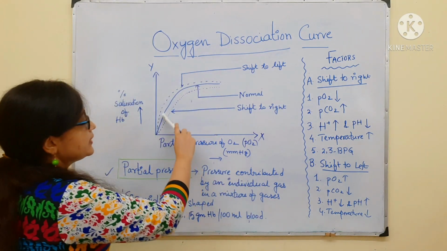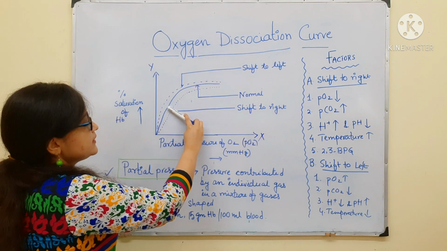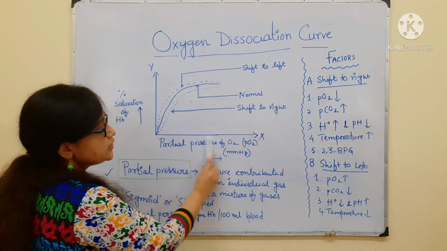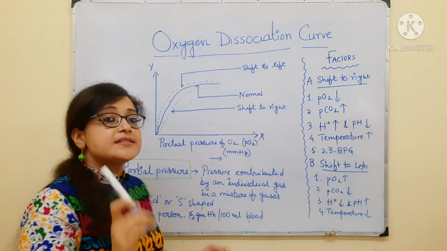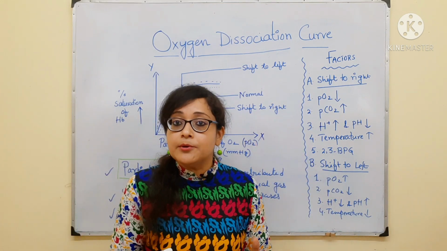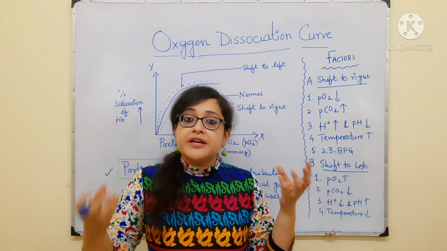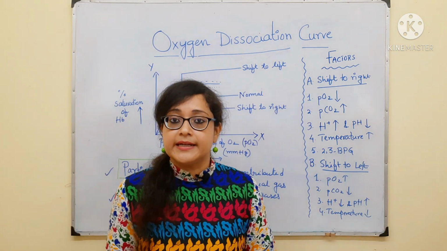So the graph is increasing, and after a certain time it becomes parallel to the x-axis, and that is the point where saturation has been achieved. All the binding sites of hemoglobin have been occupied by oxygen. Even if we try to add more oxygen, hemoglobin is not able to take it, right?